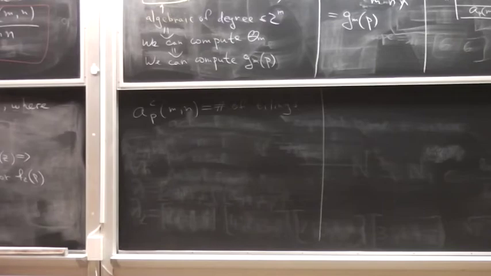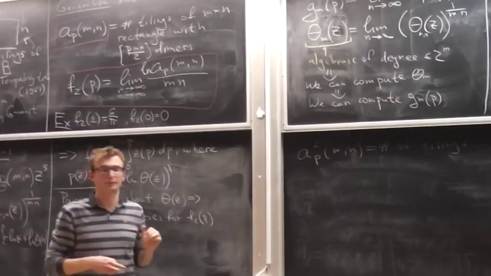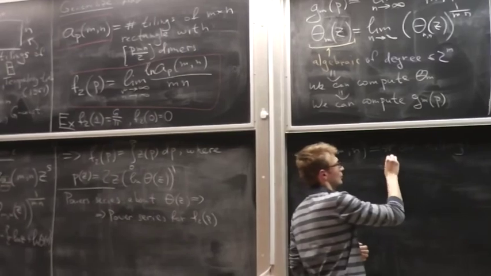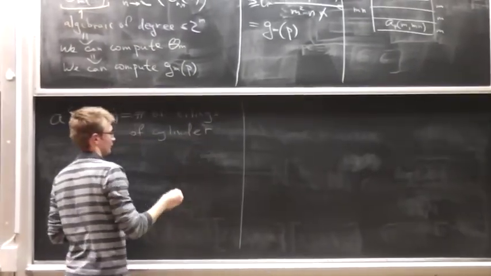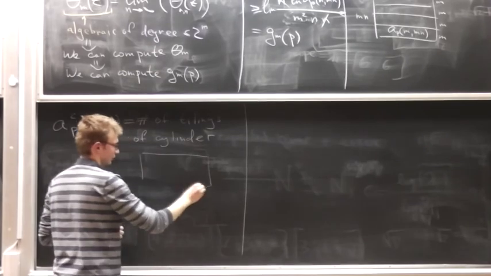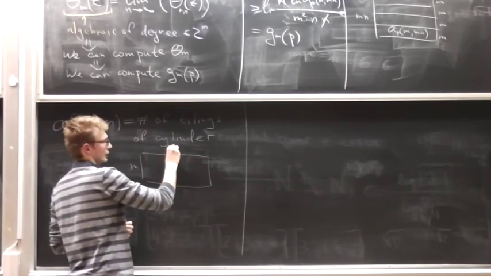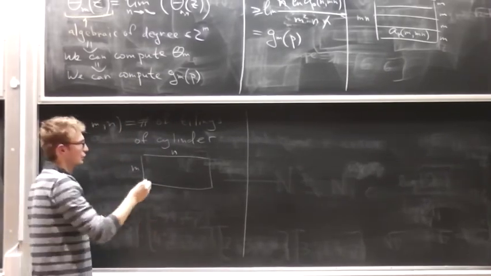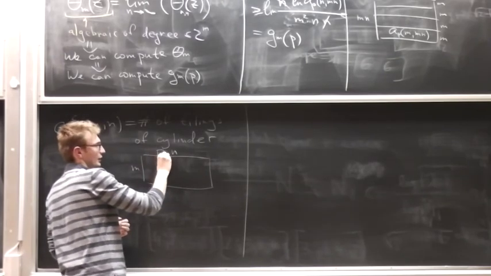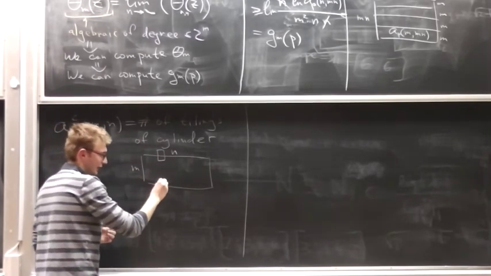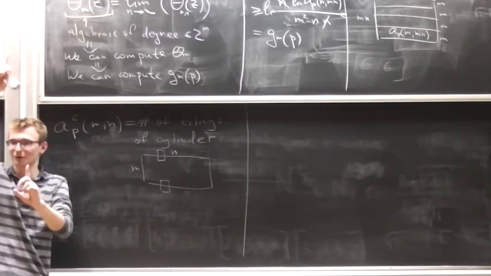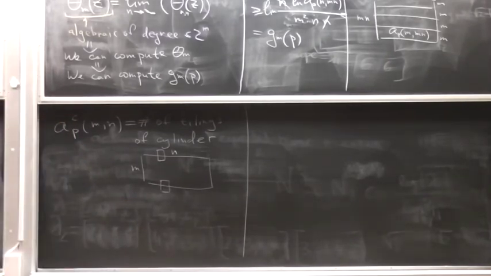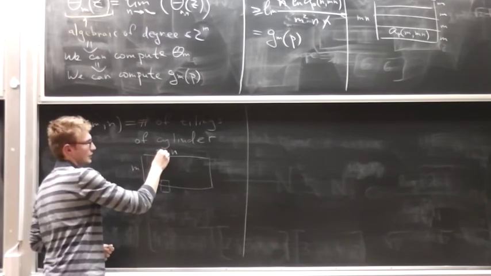But now we tile not a rectangle but a cylinder. I can put a dimer here, and it will return here, like in computer games, where you go up and come back from below. So this is the same as this.